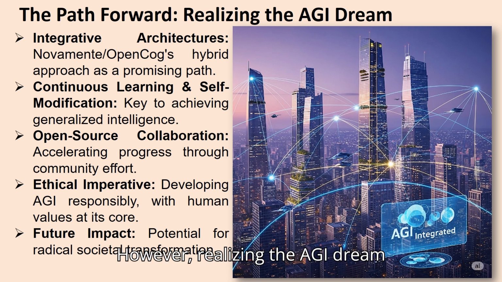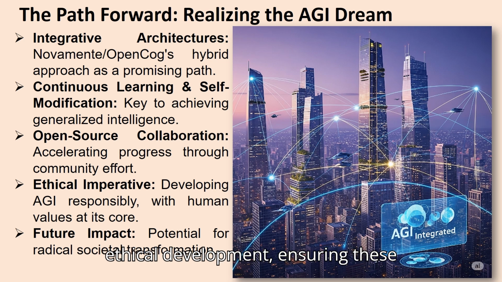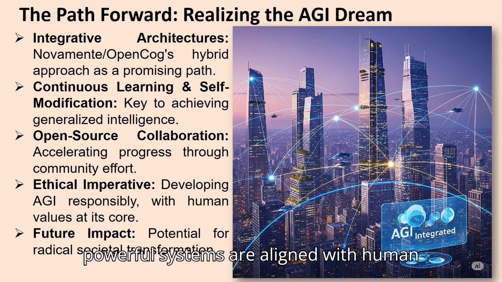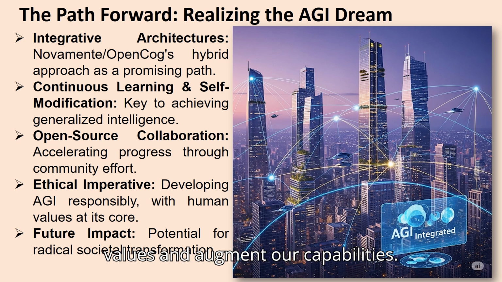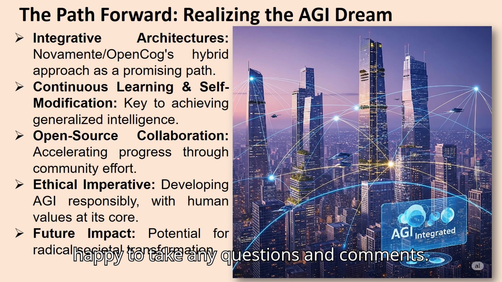However, realizing the AGI dream demands an unwavering commitment to ethical development, ensuring these powerful systems are aligned with human values and augment our capabilities. The creation of true AGI has the potential to radically transform the human race, ushering in an era of unprecedented intelligence and capability.